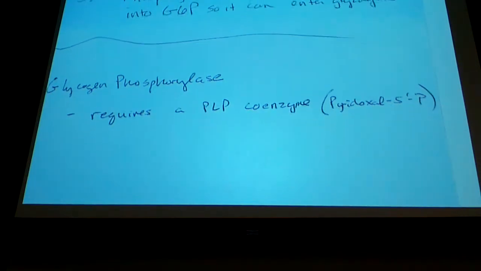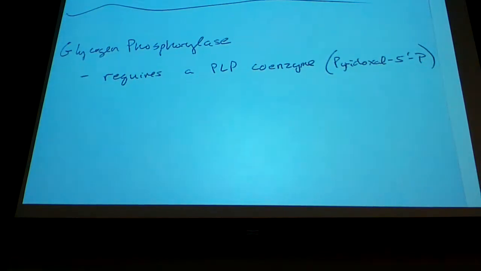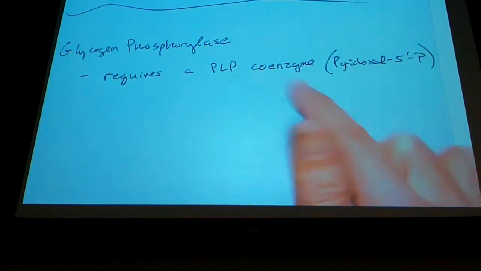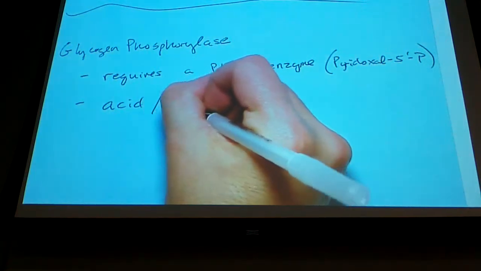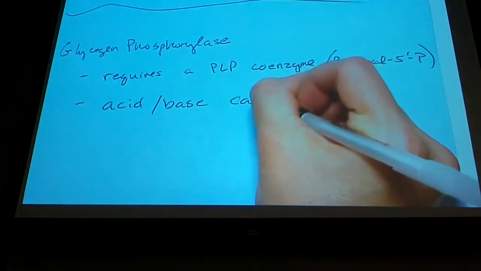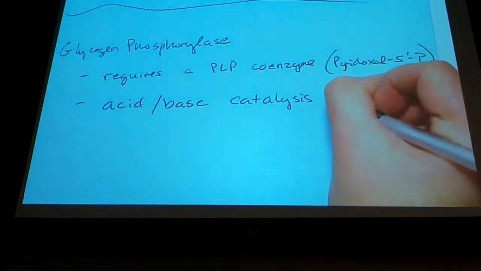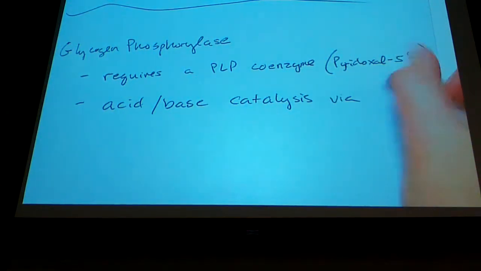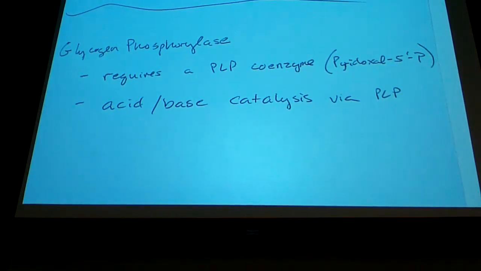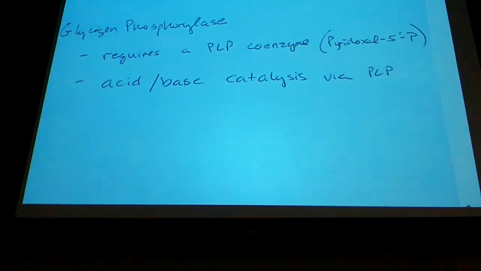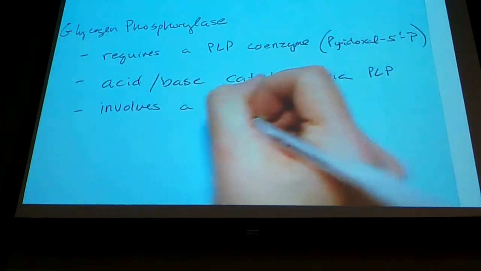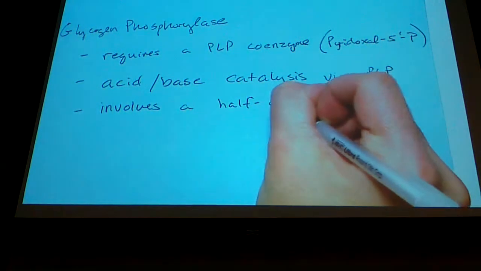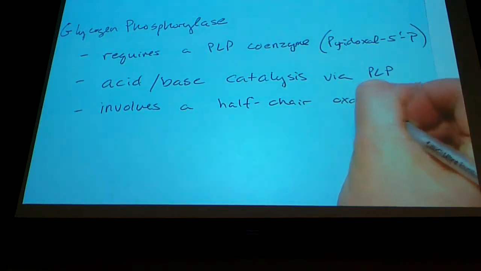And that's a B vitamin derivative, if you care to know that. It uses acid-base catalysis via the PLP. It involves a half-chair oxonium ion intermediate.